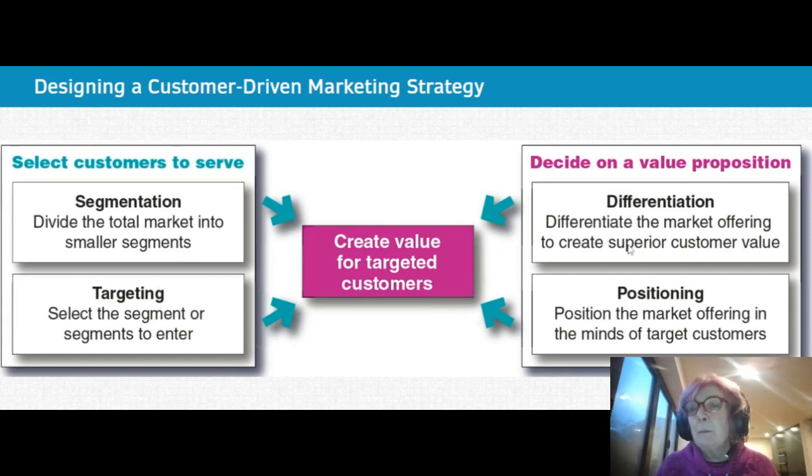And then what's our value proposition? How can we differentiate what we're offering to our customers according to the needs of that segment? And how can we position our product in their minds so that they feel that our product, our value proposition, gives them something that competitors' products don't?